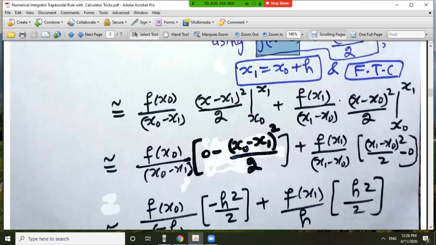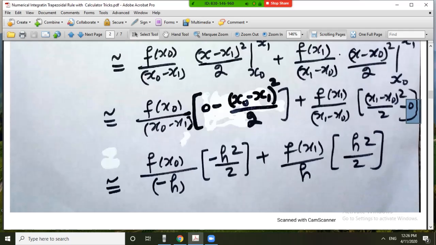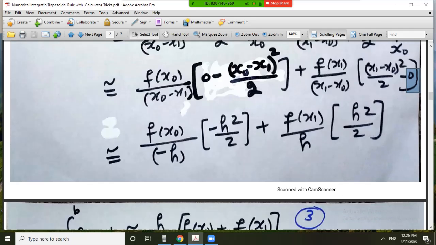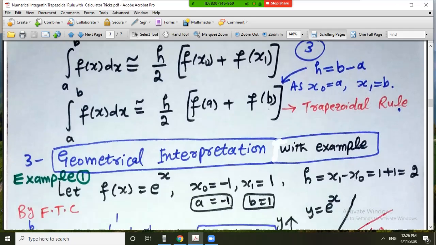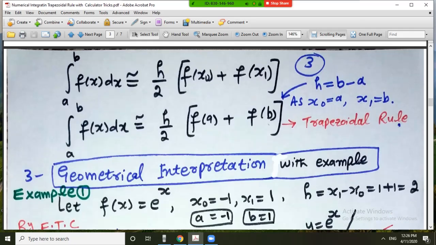Note that if we put x equal to x1, this is 0, and similarly in the second term x equal to x naught is 0 here, and the rest is very easy to calculate. So we have just derived the formula for n equal to 1.